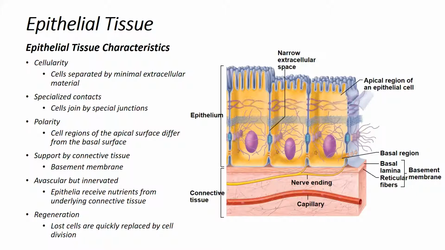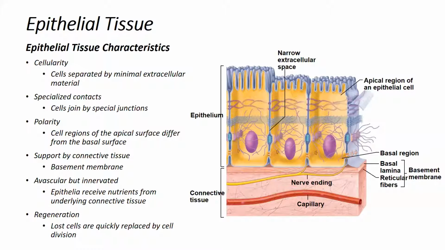Connective tissue is basically the supporting tissue that is underneath the cells. So for example, this is your epithelial layer, which is formed by several columnar cells in this example. And then the tissue underneath it is basically providing nutrients and anchoring it down to the underlying tissue. This brings about the point that the epithelial tissues are avascular, meaning that they do not have an active blood supply.